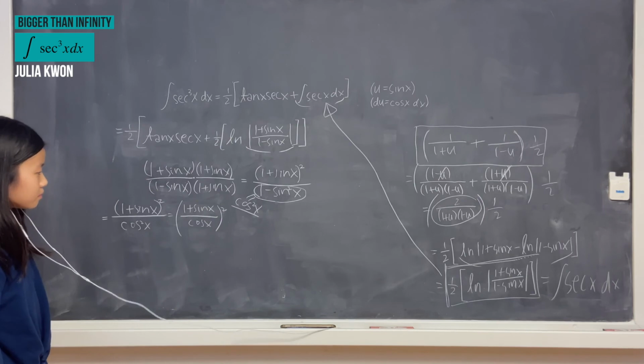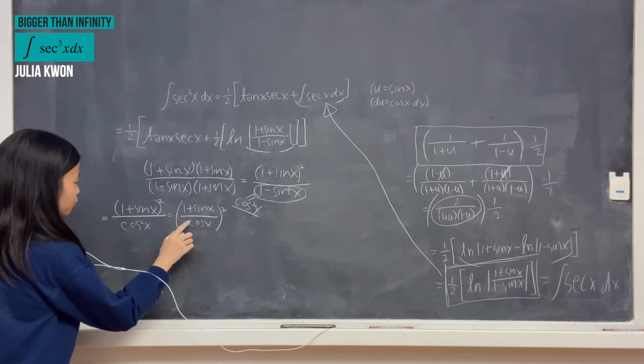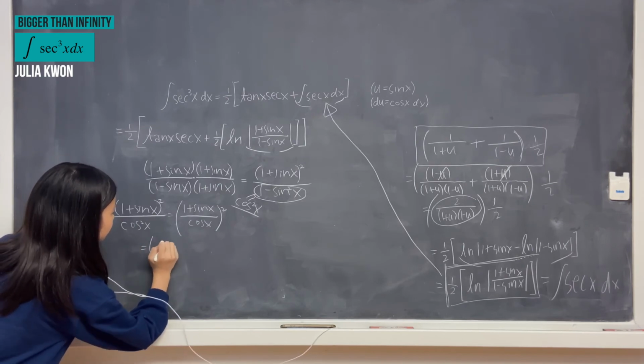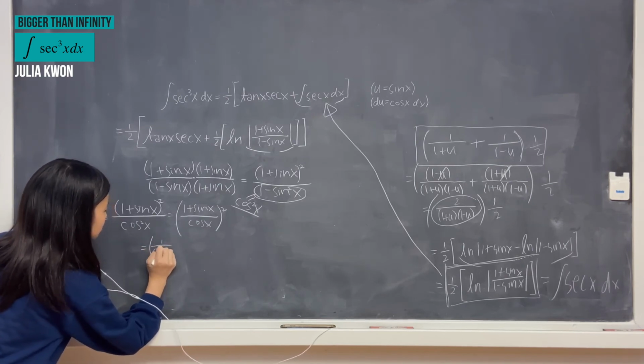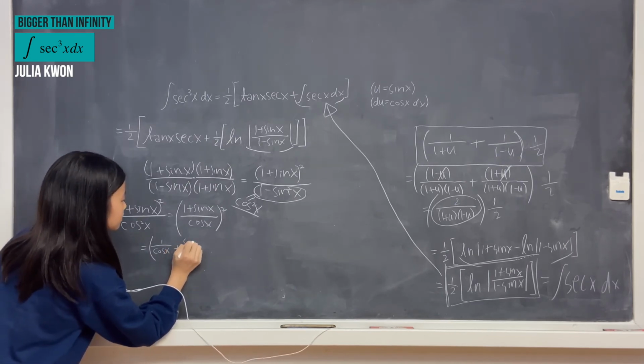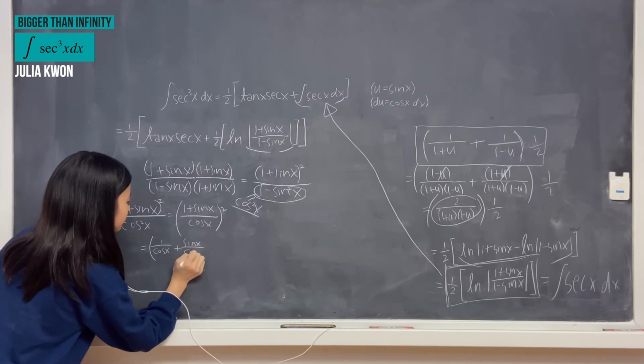And now we can separate this fraction into two different fractions: 1 over cosine x and sine x over cosine x.